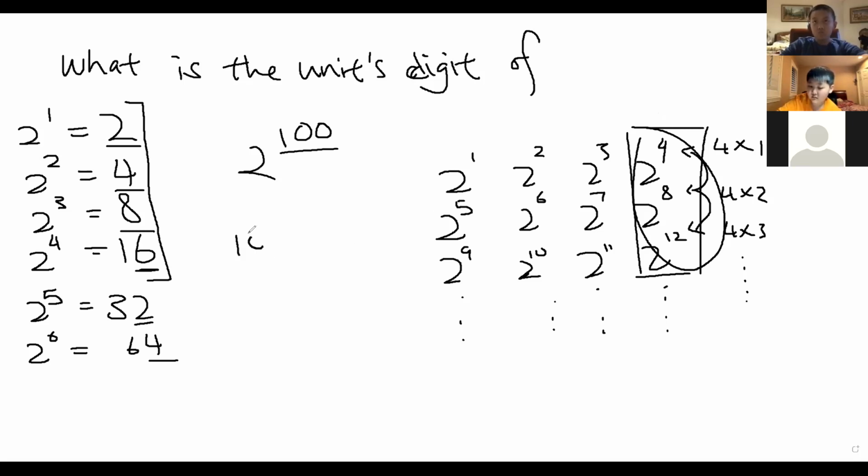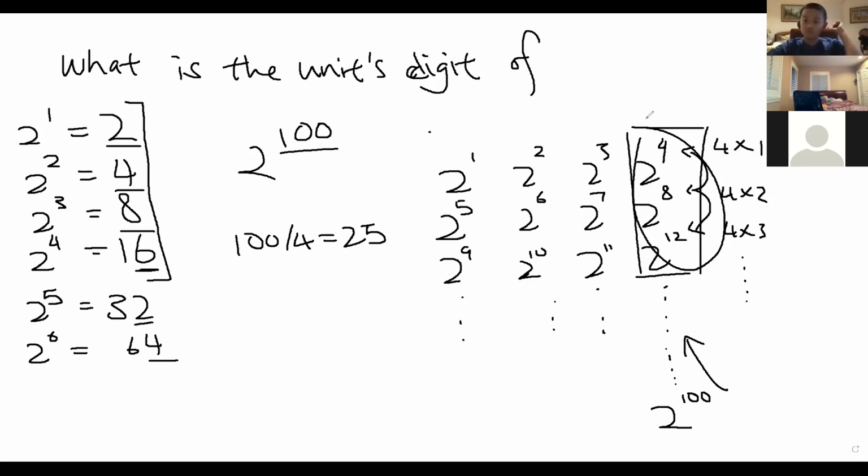Well, as it turns out, 100 is a multiple of 4. So because it is a multiple of 4, I know that it's going to show up in this column. So further down the line, 2 to the power of 100 is going to show up over here.